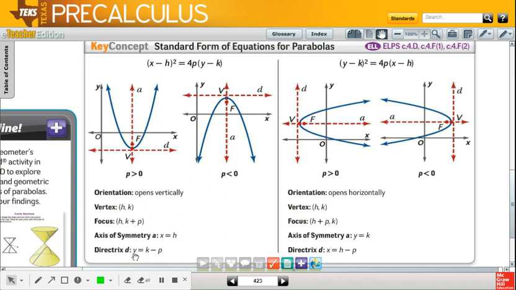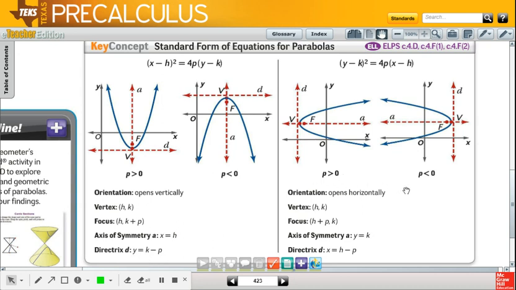So it will be a horizontal line that goes to the y value. So make sure you have this information in your notes. Axis of symmetry will be a vertical line that goes to the x value. The directrix will be the horizontal line that goes to the y value.